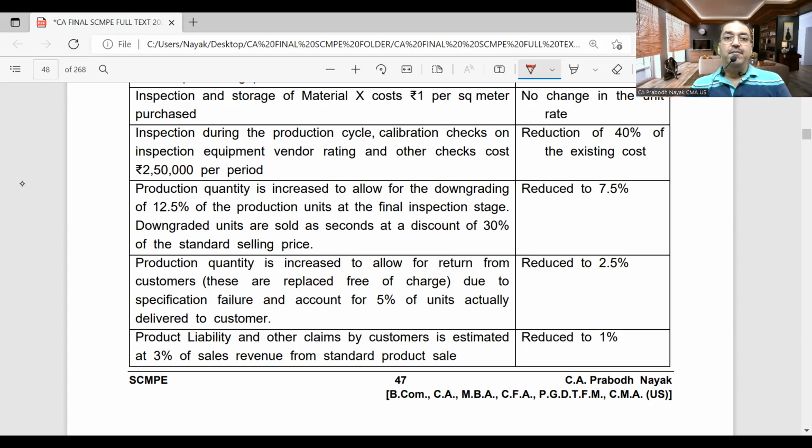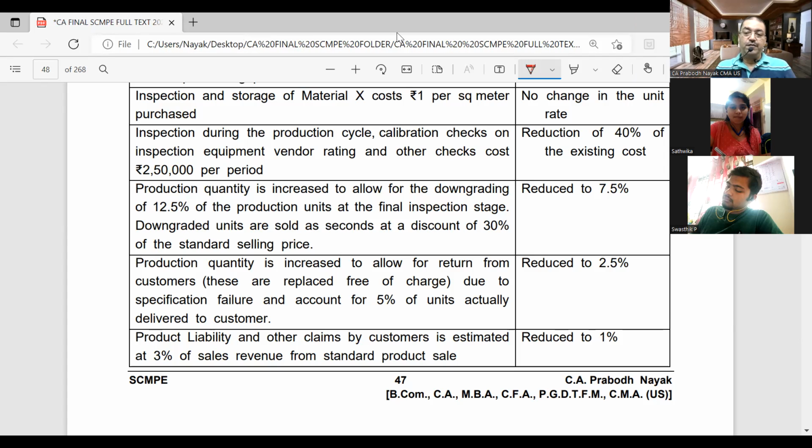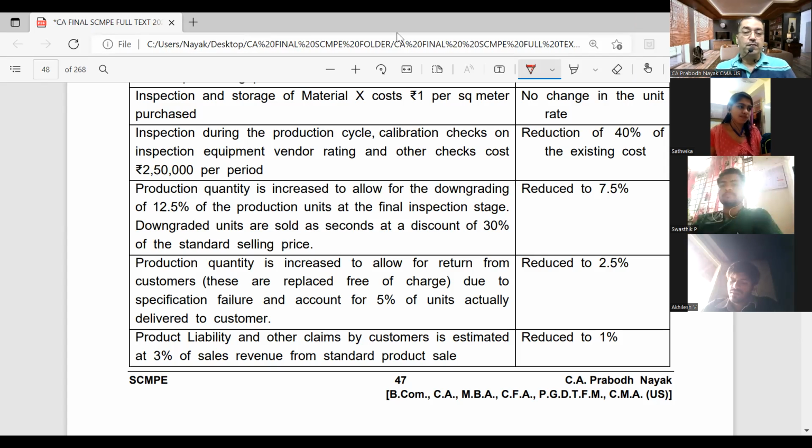Because if I sell 100 units, 5 units are returned back. There is a sales return from the customers. So I will produce 105 units, because I know that out of the 100 units manufactured, 5 are going to be returned. So I have to replace them.